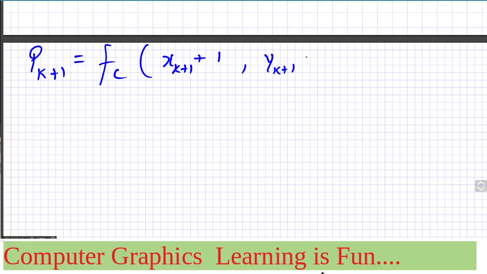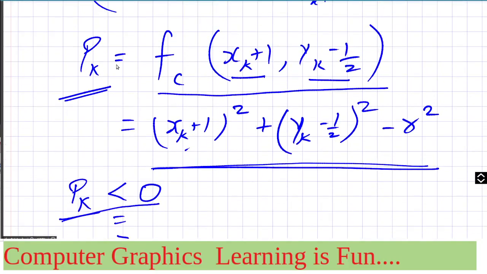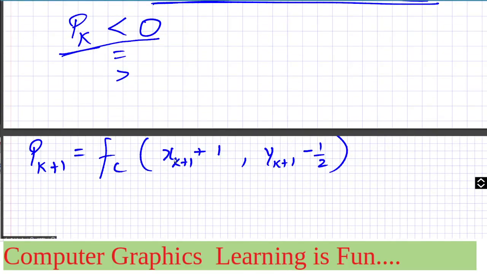So let me try to derive that particular expression. pk plus 1 will be the function of xk plus 1 plus 1, and yk plus 1 minus half. So this is what we got. f at pk was (xk plus 1, yk minus half). So for k plus 1, it is (xk plus 1 plus 1) and (yk plus 1 minus half).